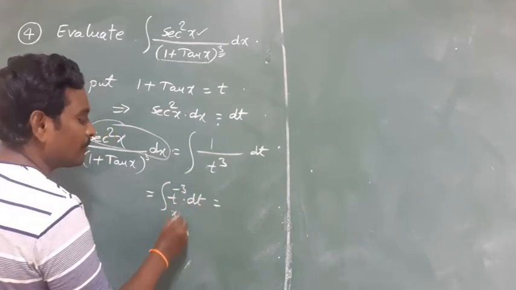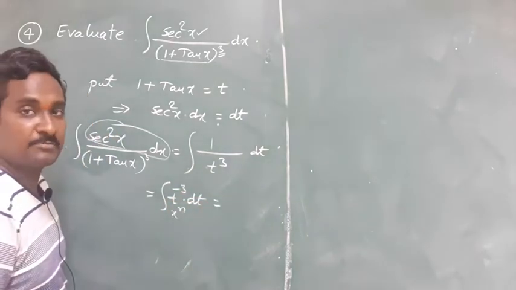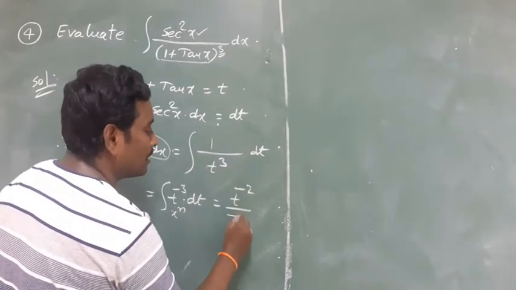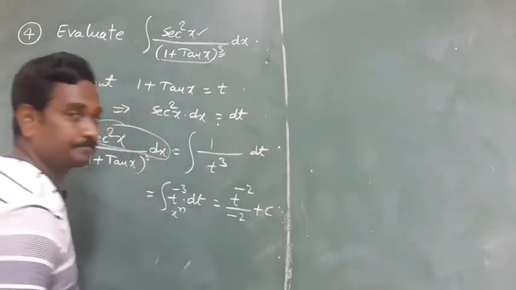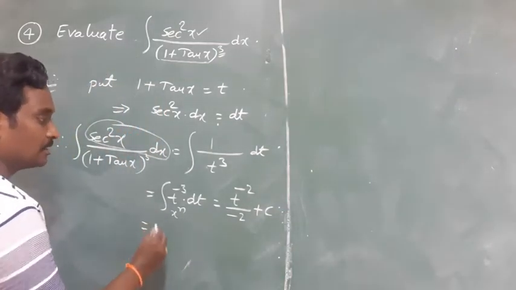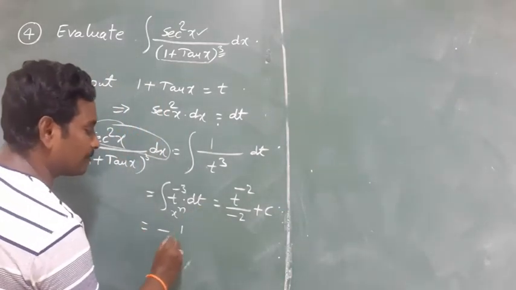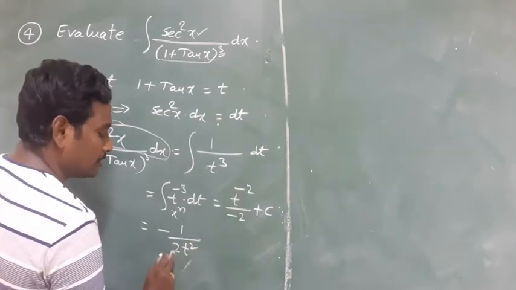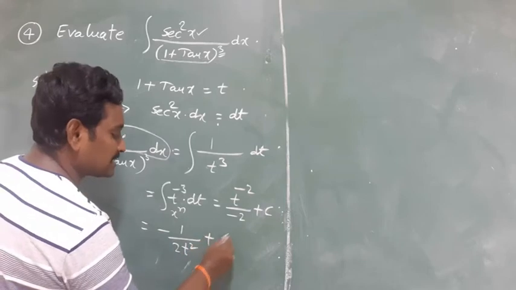So it is in the form of the power formula, integral x power n. So t power minus 3 plus 1, minus 2, by minus 2, plus c. That can be written as minus 1 by 2t square. Take the denominator... taking the numerator to the denominator, you get minus 1 by 2t square plus c.